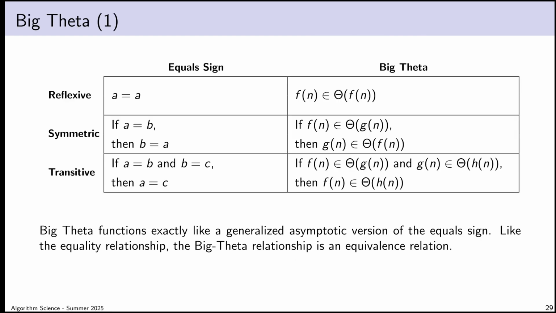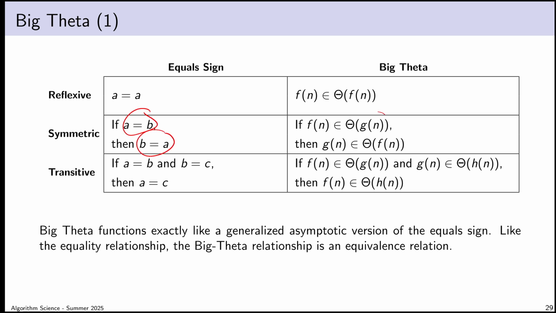Okay, so here is a slide reminding us why big theta can be treated like an equal sign. It actually obeys all of the same rules as an equal sign. Like a regular equal sign, where I'm allowed to say that a equals a, so any value equals itself, it is true that any function is big theta of itself. It is symmetric because we know that if a equals b, then b equals a.